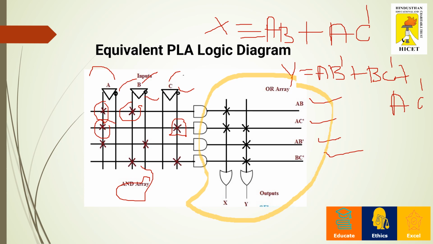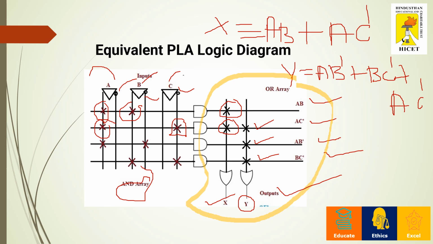The programmable array logic will take the input for X and Y expressions if all the conditions are true. But here in case of programmable logic array, I am able to program my device. For example, if X is equal to AB plus AC complement, I have marked over AB here, I have marked over AC here, and this becomes the output X. And again, in case of Y, AC complement, AB complement, BC complement, when I OR all these three, I'll get the output Y. Hope the difference is clear to you.